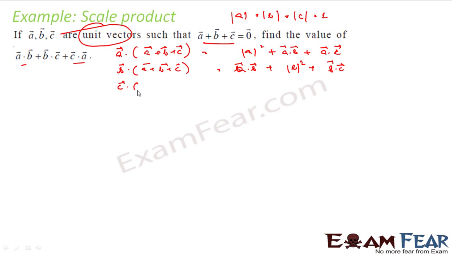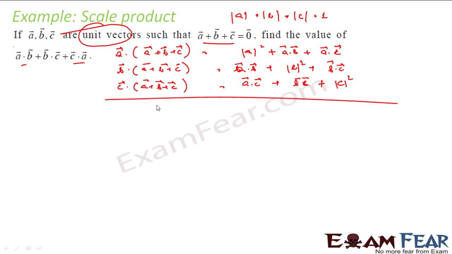You multiply the c vector with a plus b plus c, what I get here is c dot a is a dot c, c dot b is again b dot c. I'm just writing everything in this fashion, b dot c, a dot c, because that's what the question is asking for. And then c dot c is magnitude c square.